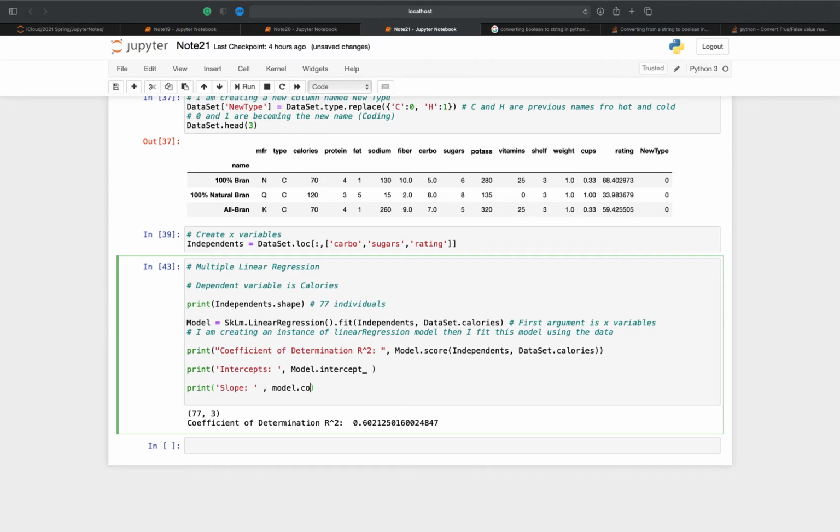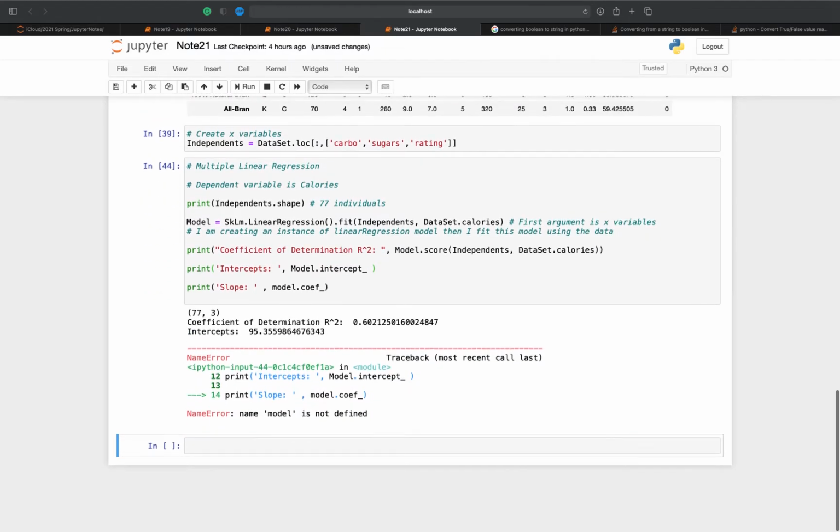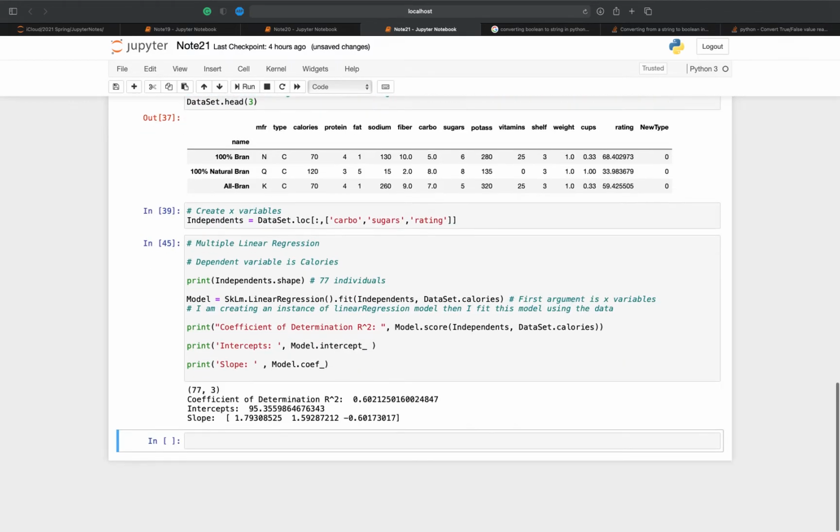So, okay, we are going to find a slope. Model dot coefficients, well, COEF. Okay, so let's see. What did I write again? Okay, good.